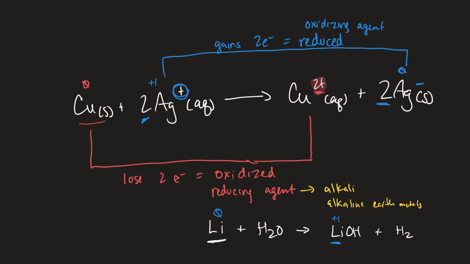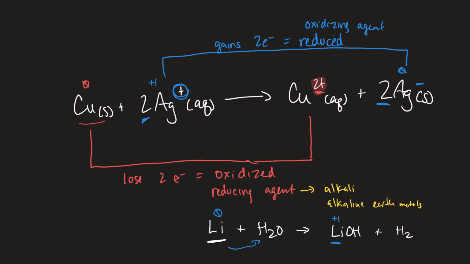So you can see that it itself has been oxidized, or it's a reducing agent. It gives off an electron, and really it reduces the hydrogen. That's the big thing on that one.